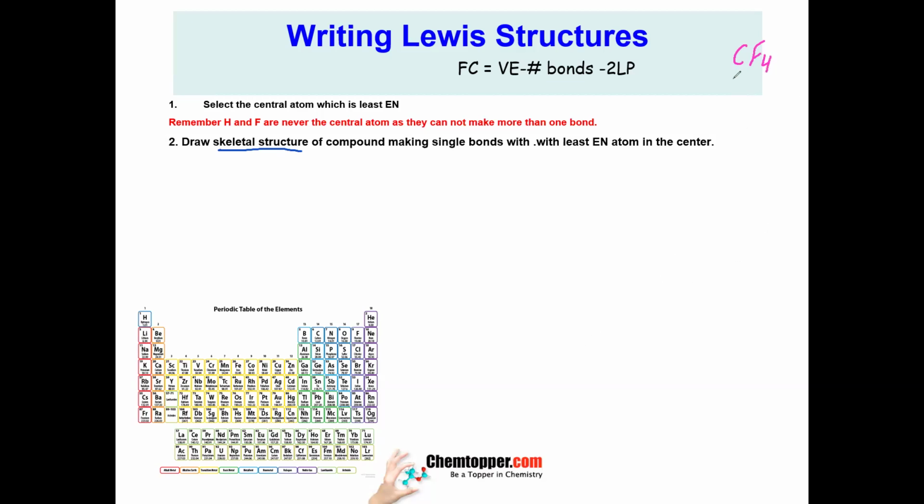So the central atom is, yes, carbon. Now you're going to make the skeleton. Skeleton means whatever atoms are present around it, make a single bond with all of them. There are 4 fluorines, make single bonds. Rule number 2 is done.